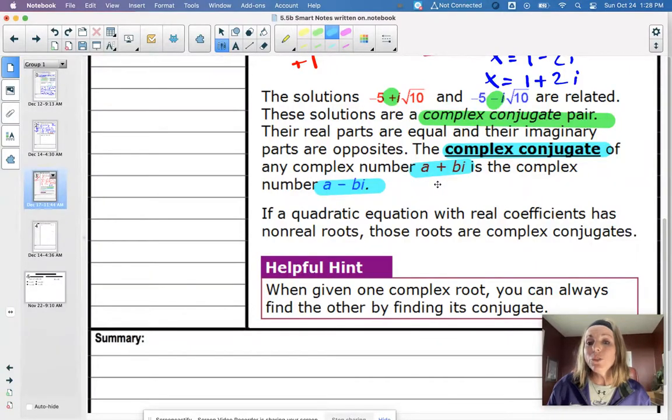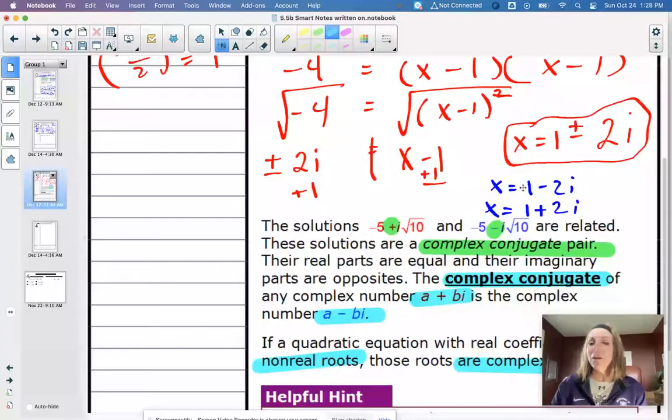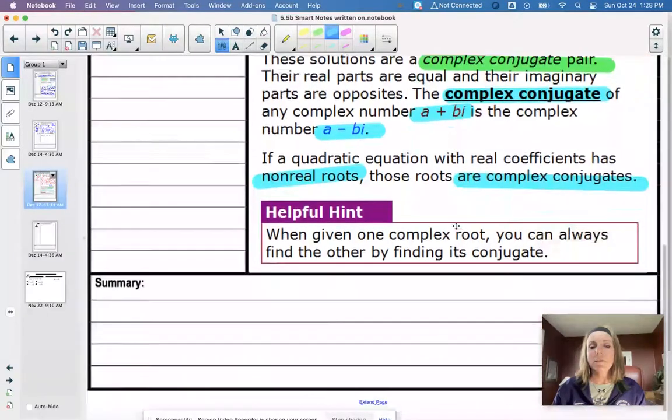If a quadratic equation with real coefficients has non-real roots, which are these, those roots are complex conjugates. That's exactly what's happening here. Just like up here, 1 minus 2i, 1 plus 2i. The real part did not change, only the imaginary part. That's what this is saying. Helpful hint, when given one complex root, you can always find the other by finding its conjugate.